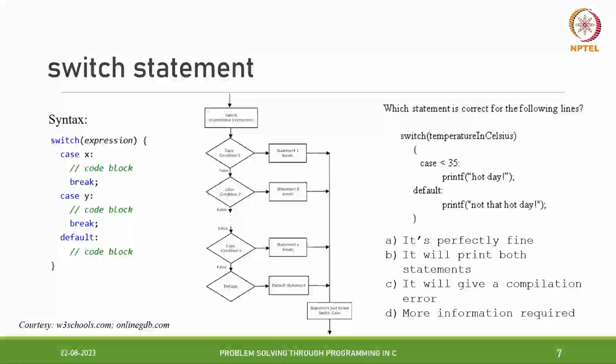You compute this expression, and whatever value you get, if the value is x, then it will execute this code block, and then you have to break so that it comes outside the switch case statement. Then if it does not match x, you check it against y.